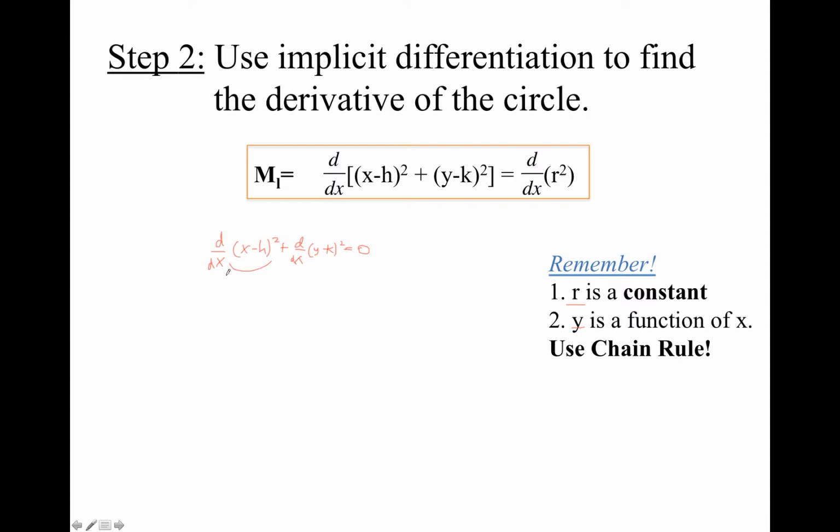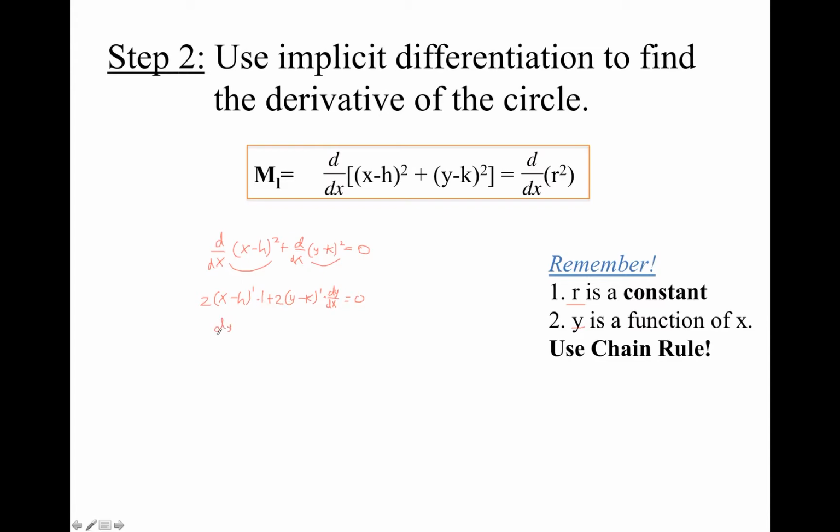We're going to use the chain rule to find the derivative of the first term on the left, so it's going to be 2 times (x minus h) to the power of 1 times 1, which is the derivative of x. And here we're actually going to use the chain rule twice, for the entire term and also for y, because as we said, y is a function of x. So this will be 2 times (y minus k) to the power of 1 times the derivative of y, which is dy/dx. And we want to solve for that derivative.